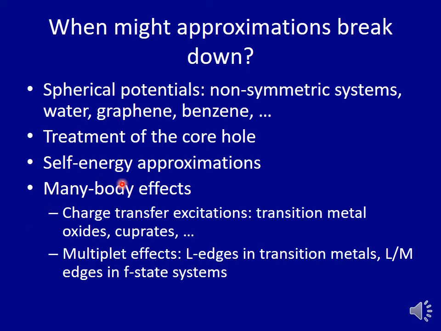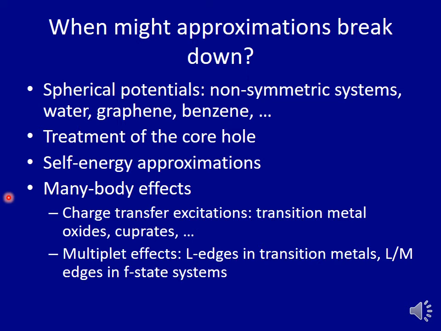And then self-energy approximations. Once again, there are systems, again, like transition metal oxides that are highly correlated, and simple self-energy approximations don't work so well. So you might need to go beyond the models that we have in FEFF. There are other many-body effects beyond quasi-particle self-energy effects where you get extra peaks, like I said, called satellites.